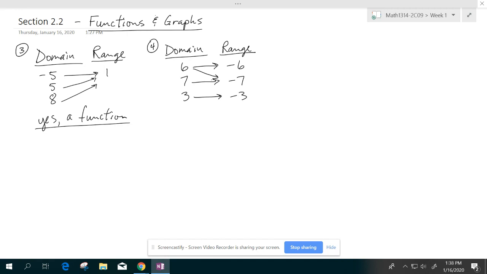Remember, anything that shows a mapping from the domain to the range, that's going to be a relation. So this wouldn't be a function because the 6 is going to the -6 anyway. Exactly. Do you see that we do have an element in the domain that maps to more than one element in the range? And so that means this is not a function, okay? It is a relation, it's just not a function.